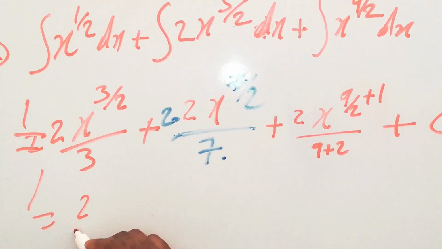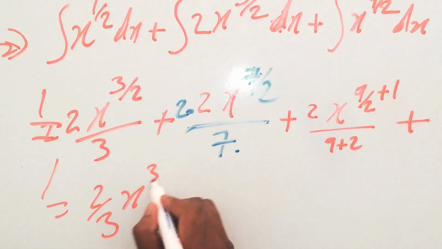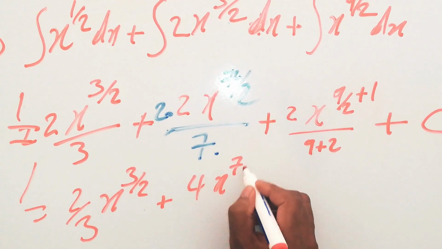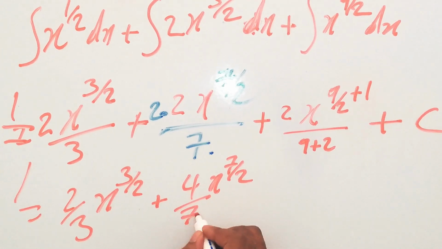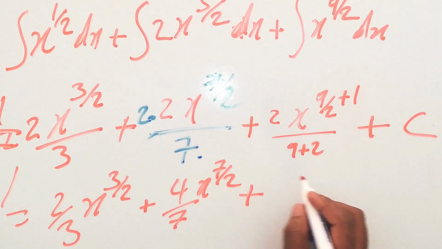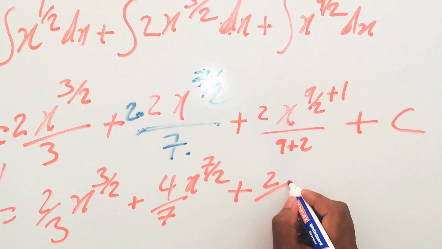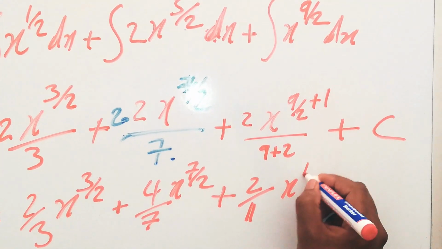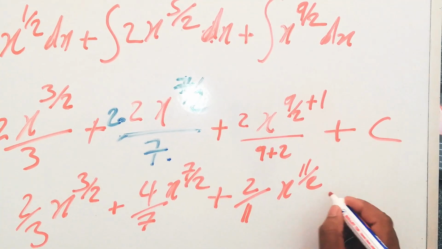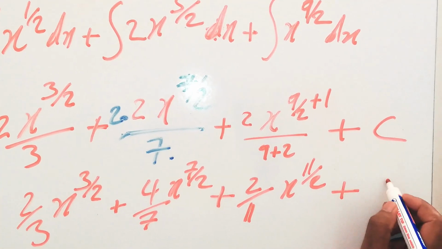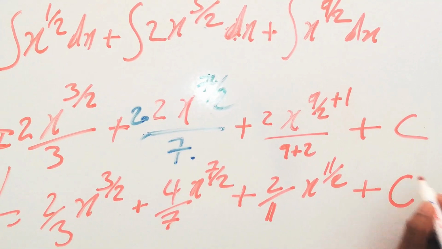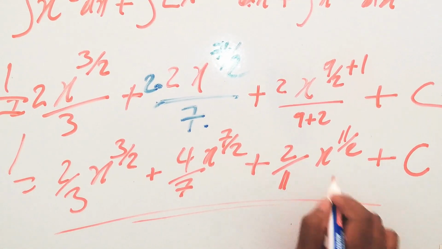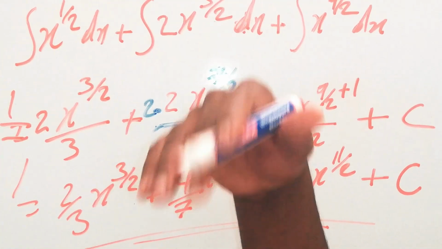So it becomes 2/3 x exponent 3 over 2, plus 4 over 7 x exponent 7 over 2, plus 2 over 11 x exponent 11 over 2, plus a constant, right?